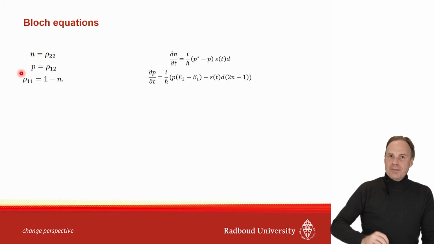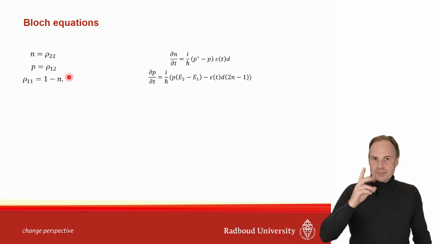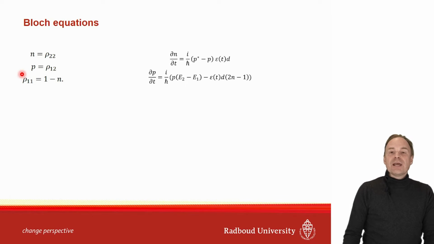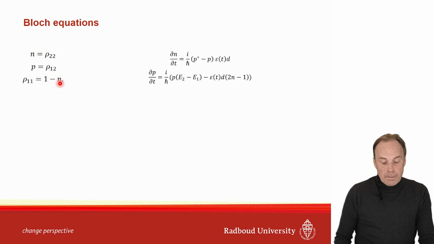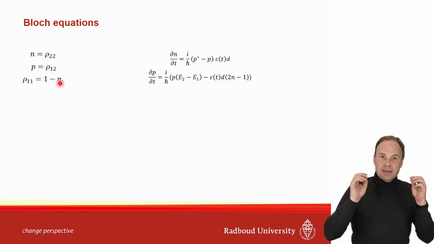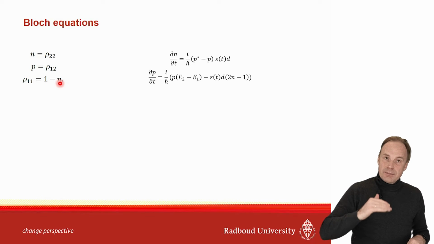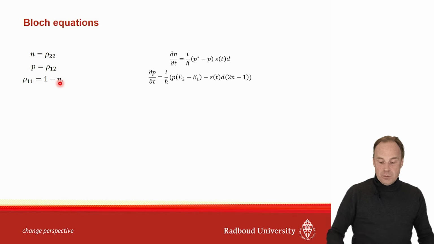If you assume that the total population of a two-level system is 1, the population of the ground state will be 1 minus n, 1 minus the population of the excited state. So we assume that the number of particles in a two-level system is equal to 1. It can be either completely in the ground state, completely in the excited state, or somewhere in between.